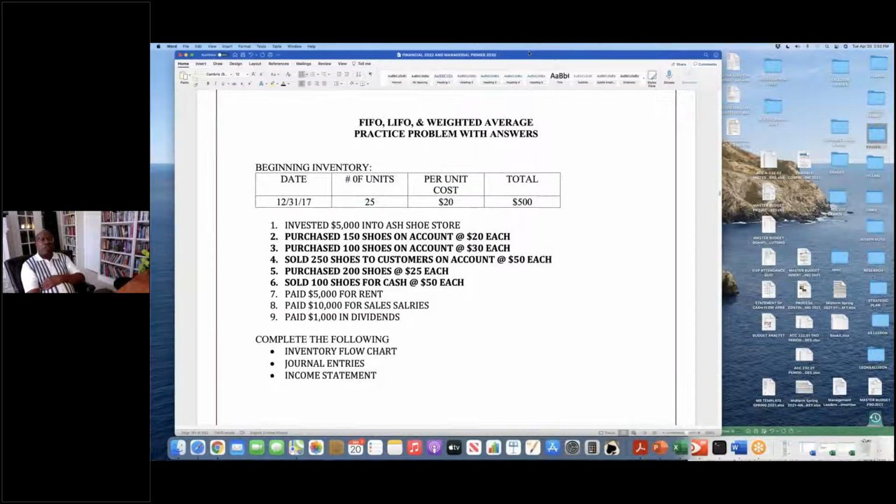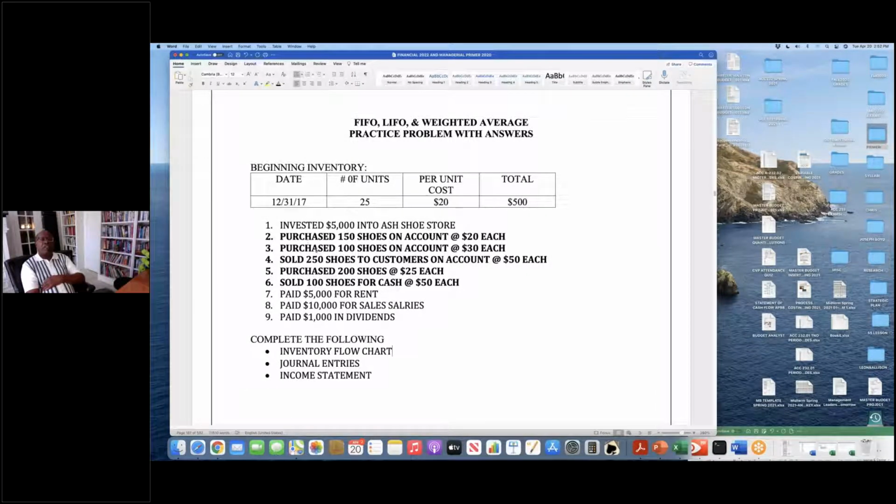Okay, so all I want you all to do is to work these 5 journal entries. Take out some paper, including the inventory flow chart, and make the journal entries.